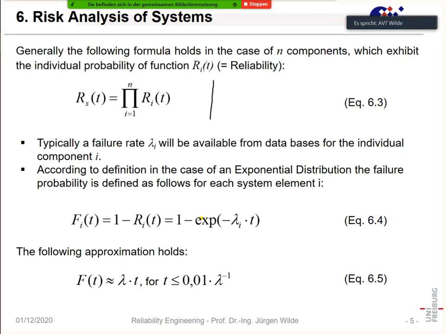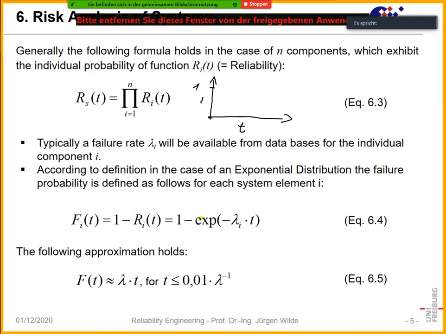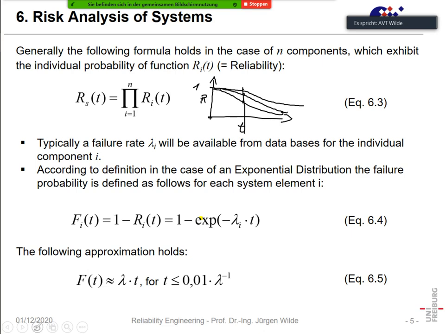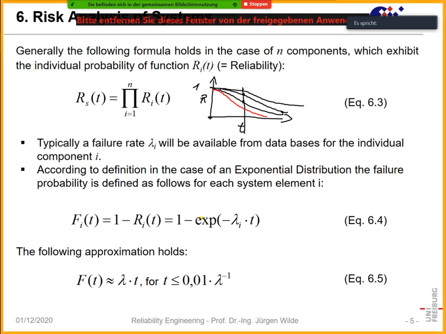And of course, we must say the reliability over time goes down, and the system reliability at one time just multiplies these individual reliabilities, and so you get a system reliability which is significantly lower.